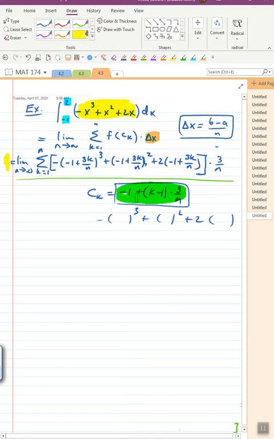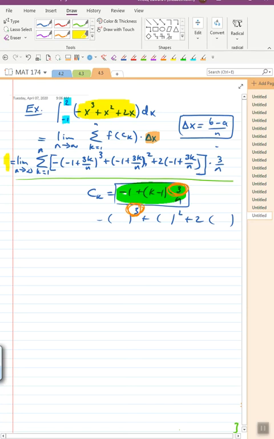Rebecca says, is the reason we have 3 sets of negative 1 plus 3k over n because our original is cubed? Yes. Oh, I see what you're saying. Are you talking about the 3 in the actual expression right here? I thought she was just looking at the 3 here.